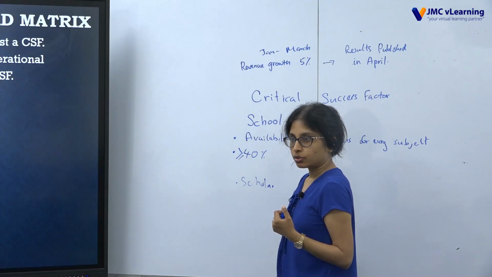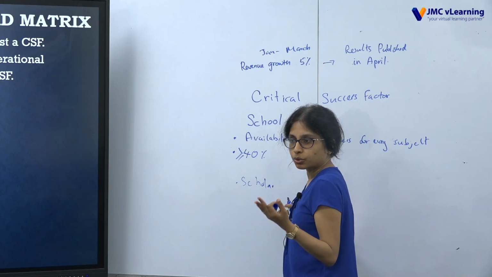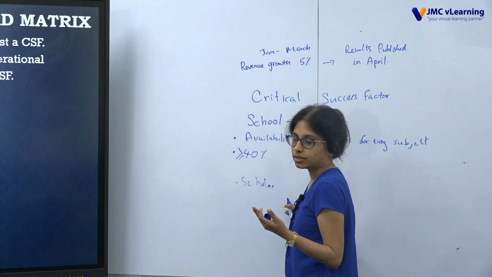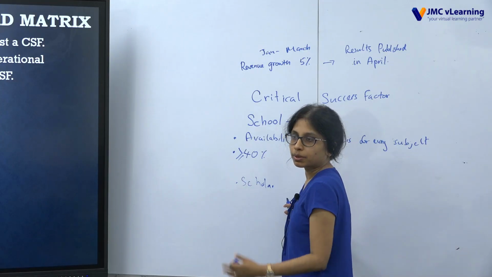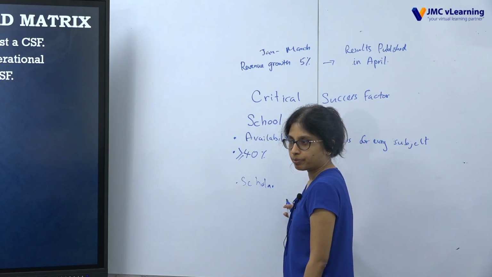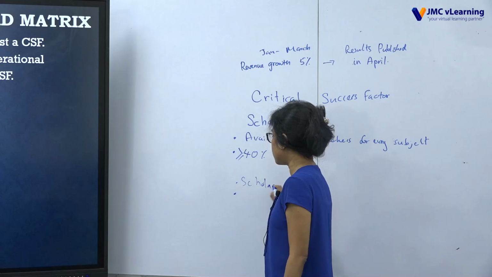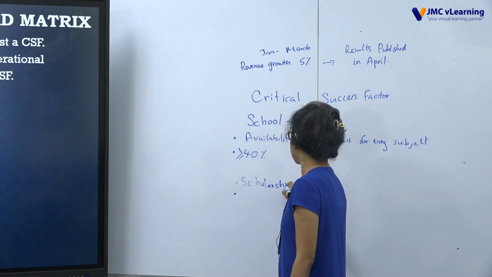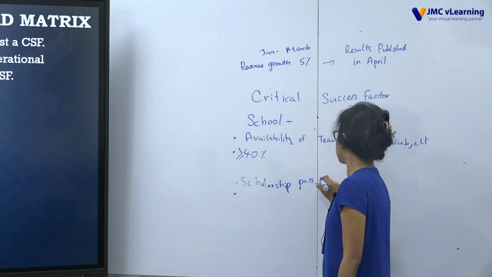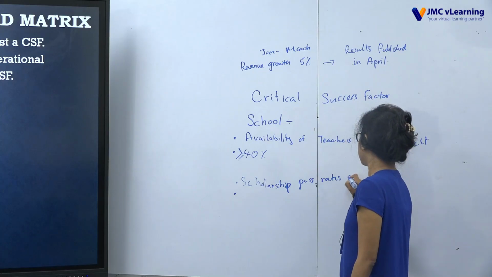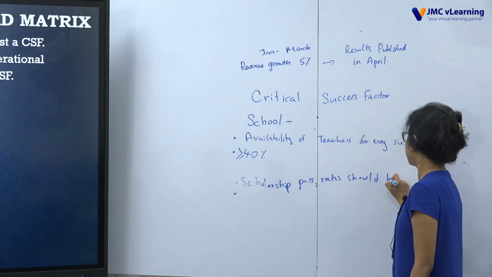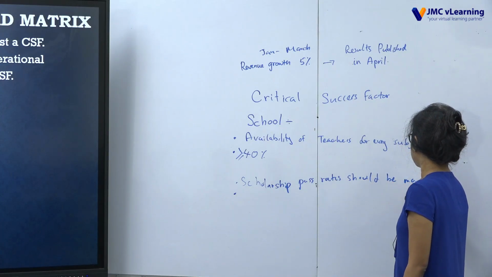Okay, so currently let's say in rural areas people don't have facilities. Let's say 20% of the people get through the scholarship. So you say at least a KPI should be maintained.